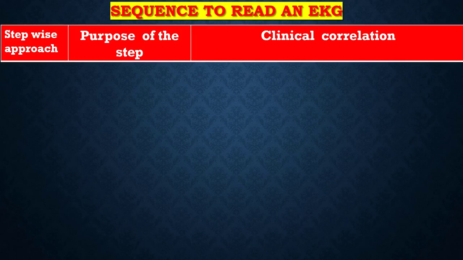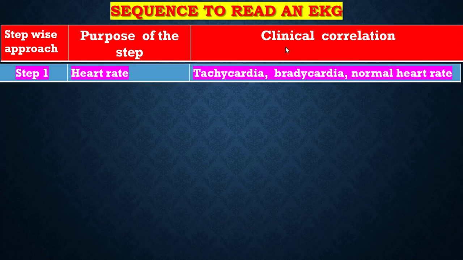Sequence to read an EKG or ECG: stepwise approach, purpose of the steps, and clinical correlation. Step 1, heart rate. The clinical correlation is whether the heart rate is normal or there is tachycardia or bradycardia.